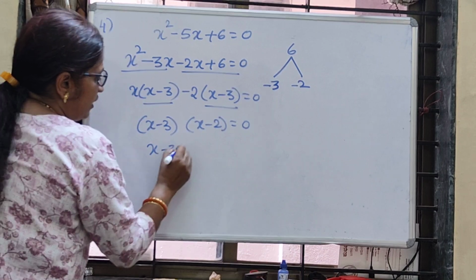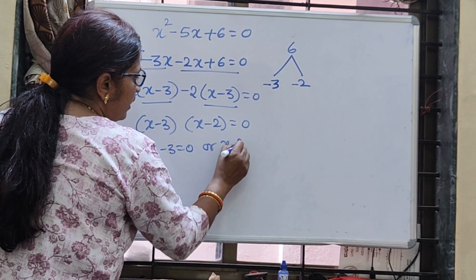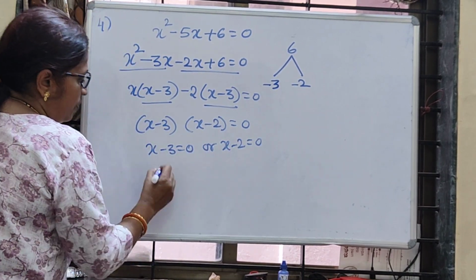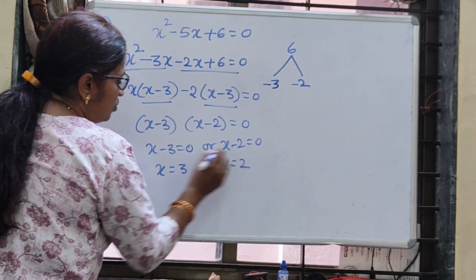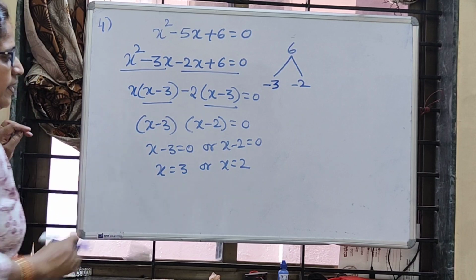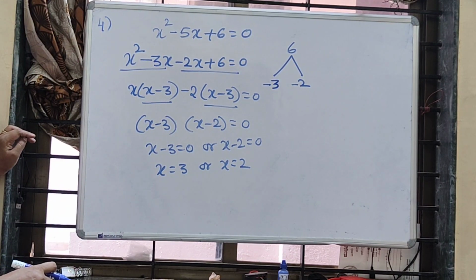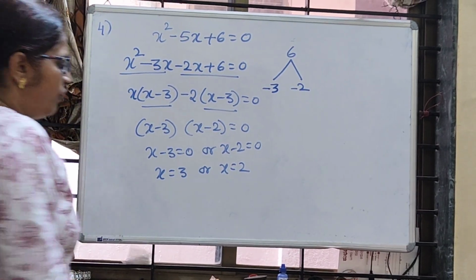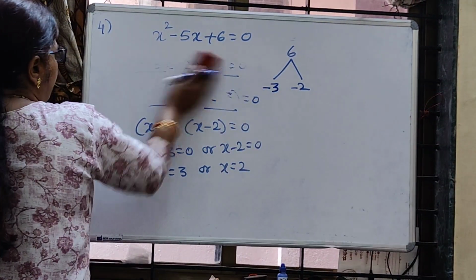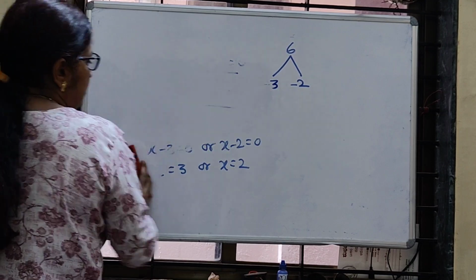So x minus 3 is equal to 0 or x minus 2 is equal to 0. If you transpose, you will get either x is equal to 3 or x is equal to 2. So this is the form to solve a quadratic equation by the factorization method.